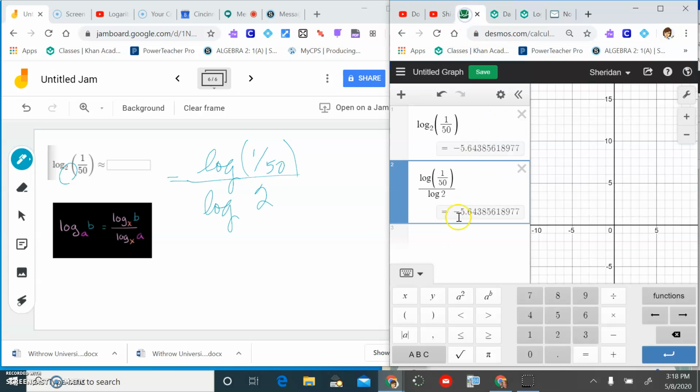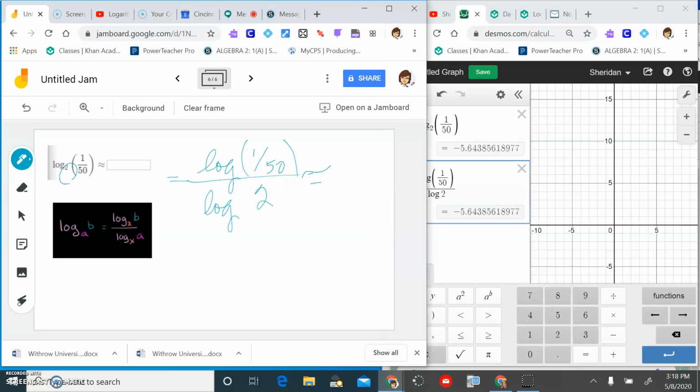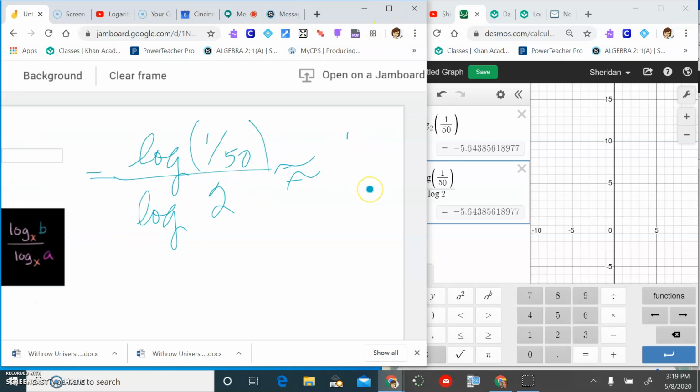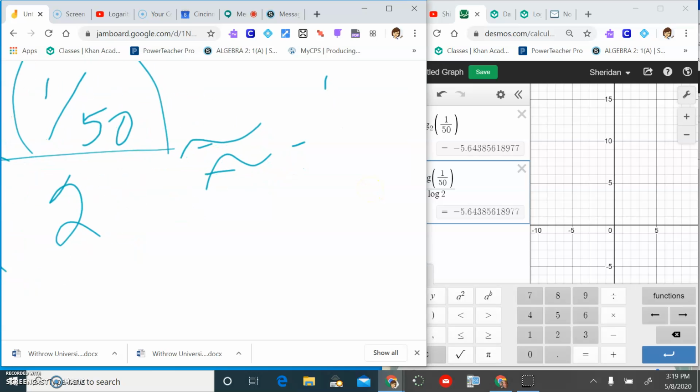So the answer here was negative approximately, let me zoom in a little bit. Negative 5.64385, blah, blah, blah. But if they want me to round it to the nearest thousandth, this is where I stop, and that 8 tells me I need to bump it up.